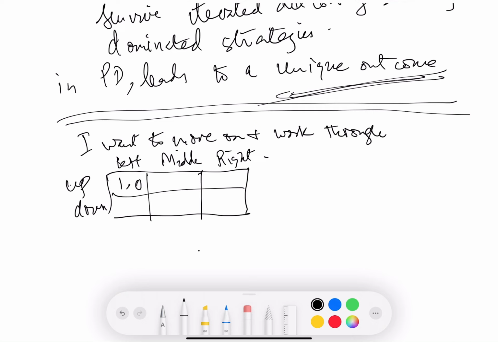We should be familiar with this convention. Up and middle, player 1 gets 1, player 2 gets 2. Up and right, it's 0 and 1. Down and left, 0 and 3. Down and middle, 0 and 1. And down and right, 2 and 0. So this is the game, a simultaneous game, with a simple strategy space. We have written it out for each person.